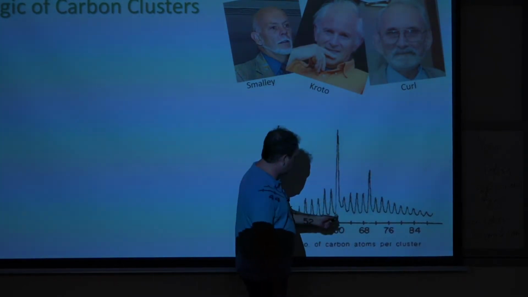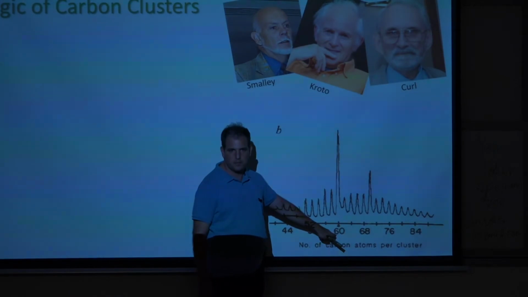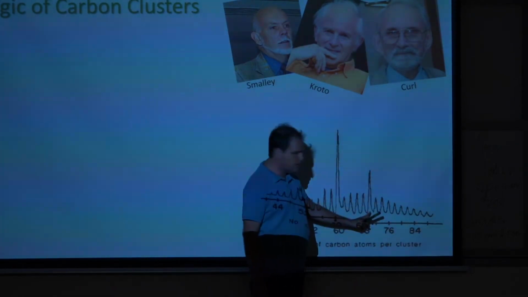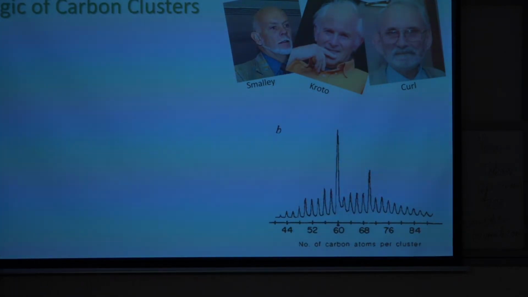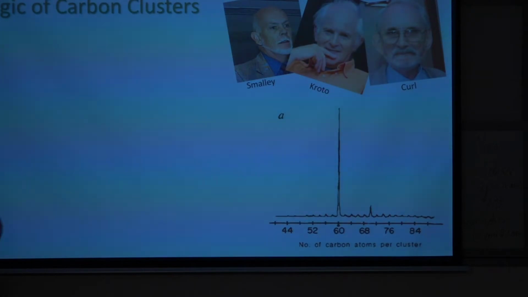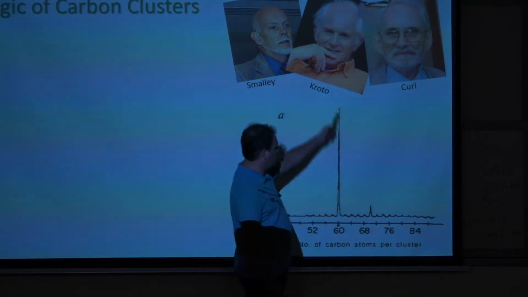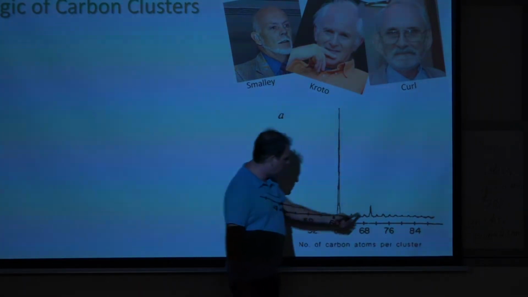And it turns out that this size here is exactly 60, and this size here is 70. Buckyballs are around 60, no? Atoms. And when they cooled it even further, everything is of size 60, only a tiny bit of size 70.